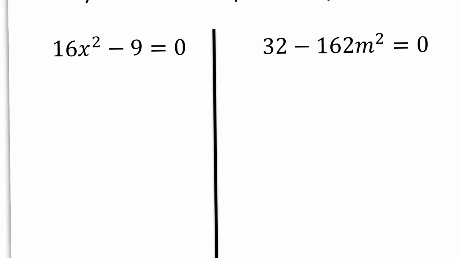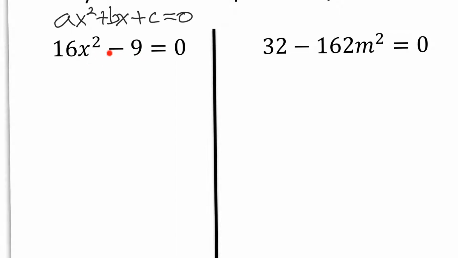Remember that a quadratic equation in standard form usually has a trinomial, ax squared plus bx plus c equal to 0. Notice the one we have here, 16x squared minus 9 equal to 0. We are missing the bx term, the one with the x. When you do not have the bx term, usually you can use the square root property. And that's what I'm going to use here.